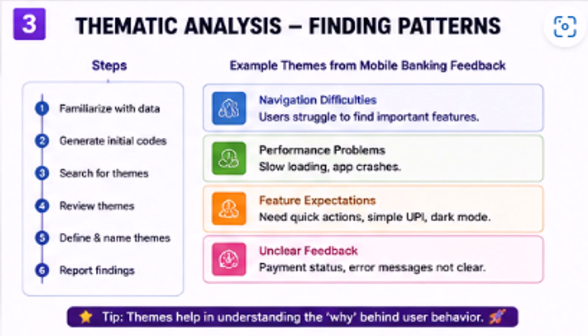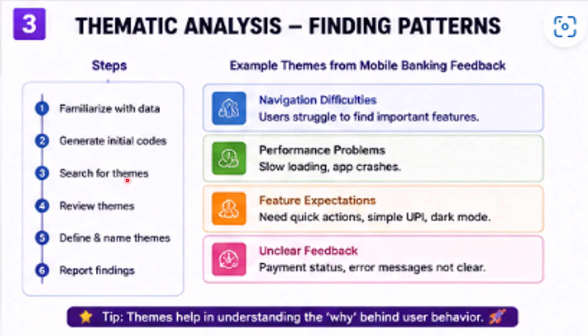Next, thematic analysis: finding patterns. It is a method used to identify patterns and themes within collected data. The process begins by becoming familiar with the data. Researchers then generate initial codes, which are labels representing important observations.